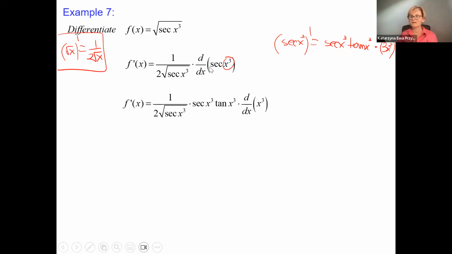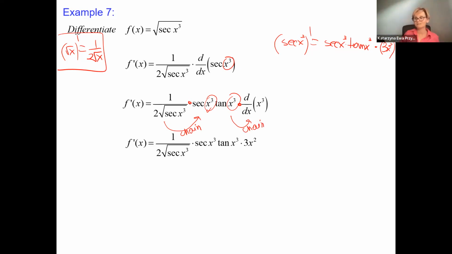I copy this. The derivative of secant is secant times tangent of the same inner function, times the derivative of this inner function. That means we applied the chain rule twice. Okay, and that's it. No other simplification. I can put everything on the top.